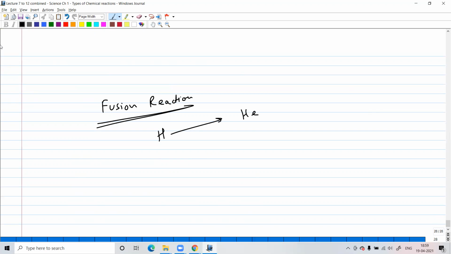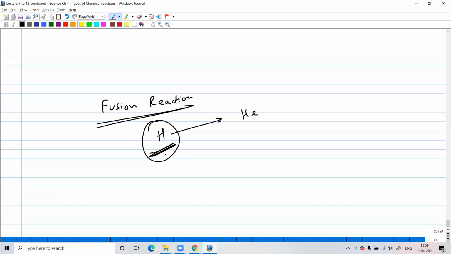Sir, is the core of the sun solid? Core of the sun, yes. If I remember correctly, it is solid right now also. And ultimately, hydrogen is a fuel, right?